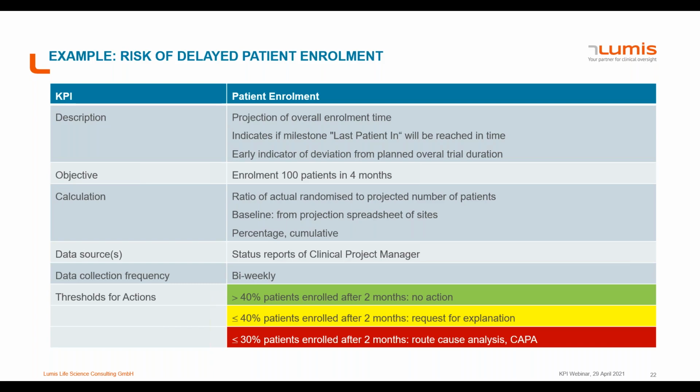However, if it's less than 40% after 2 months, there needs to be an explanation. And if it's less than 30% after 2 months, I would go out for root cause analysis and a CAPA and initiate CAPA if necessary. And in this case, after only less than 30% are there, it is definitely necessary. Next, please.